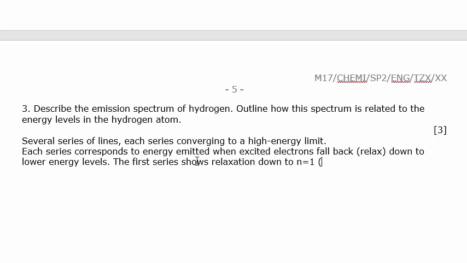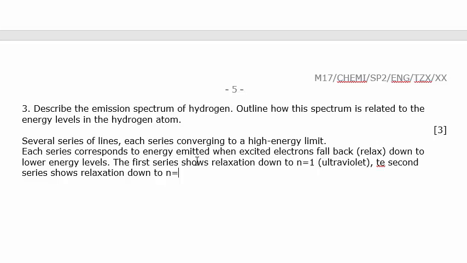This is in the ultraviolet. You don't know this information, but I'll put it in anyway. The second series shows relaxation down to n equals 2. This is in the visible. This is the visible one. Visible series, etc.